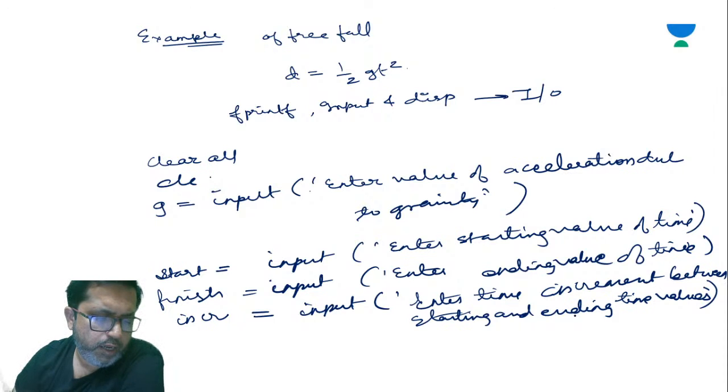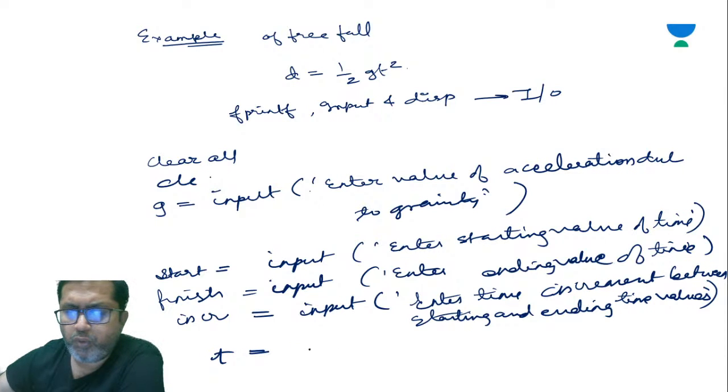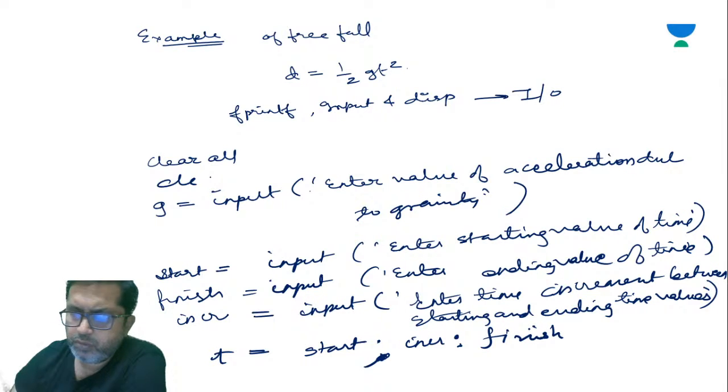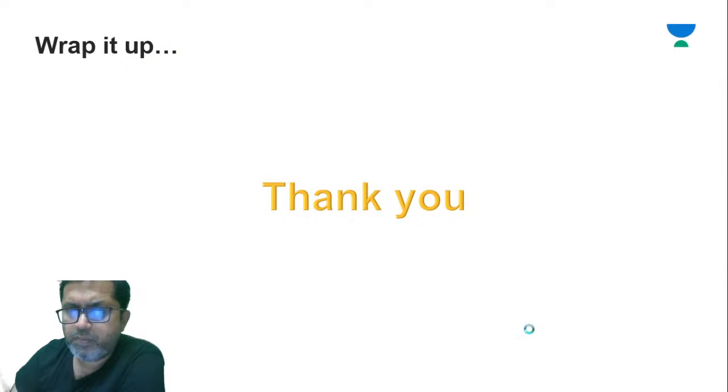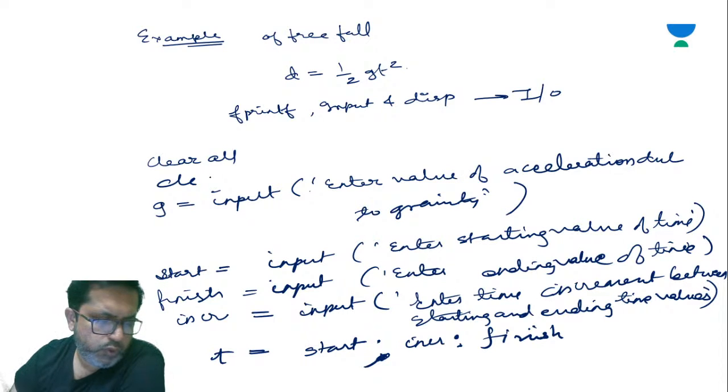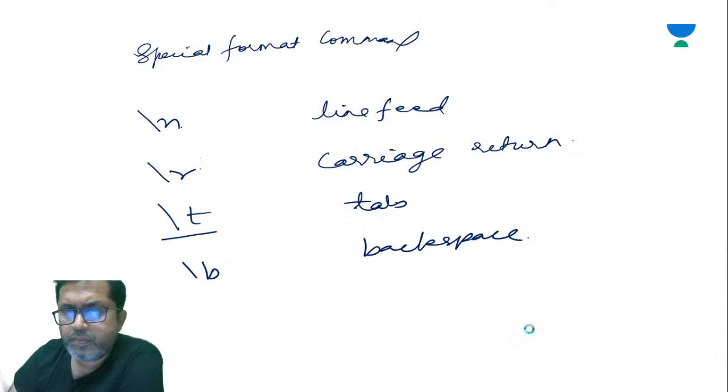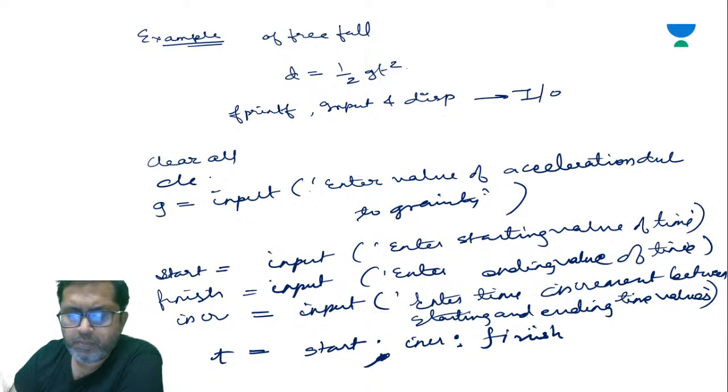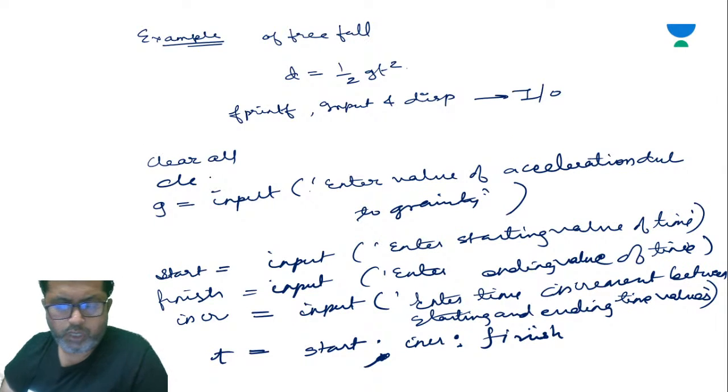Okay, increment. So t is equal to starting value colon increment colon finishing value. Okay, so let us see.